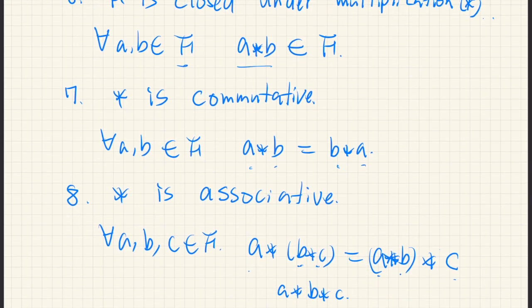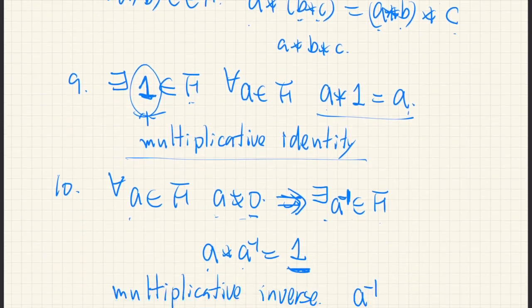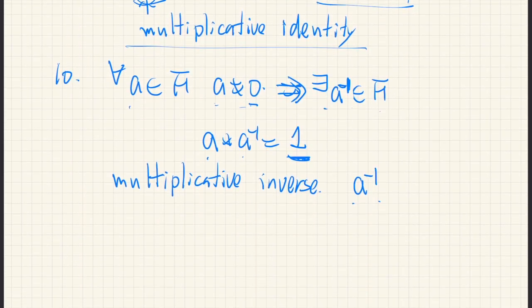Now we have 5 axioms that concern multiplication, and then finally, axiom 11 relates multiplication and addition. It's called the distributive law.